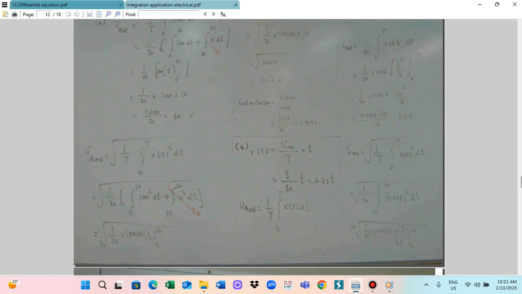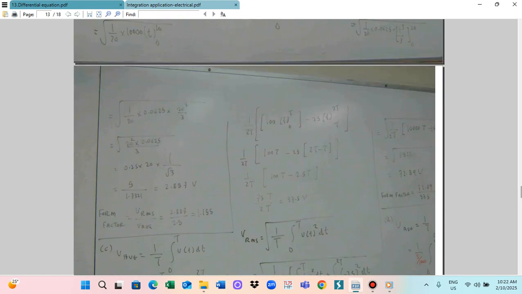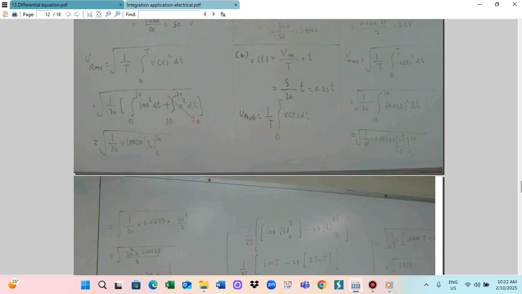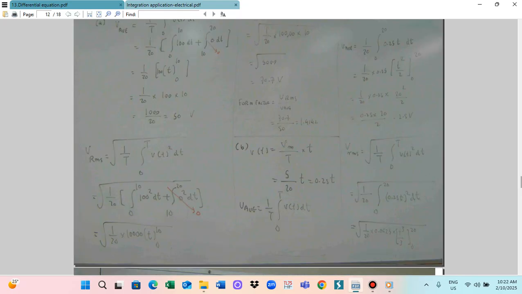Substituting 0 gives 0. So this becomes 0.25 into 20 by 2, which is 2.5 volts. So this is for the average.